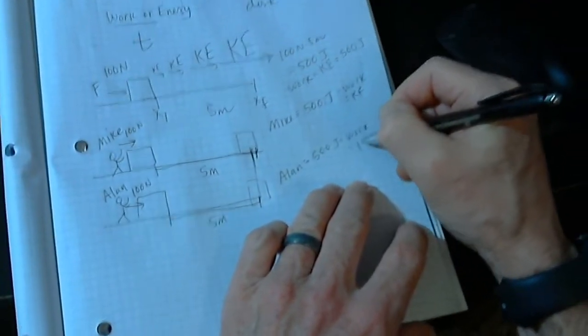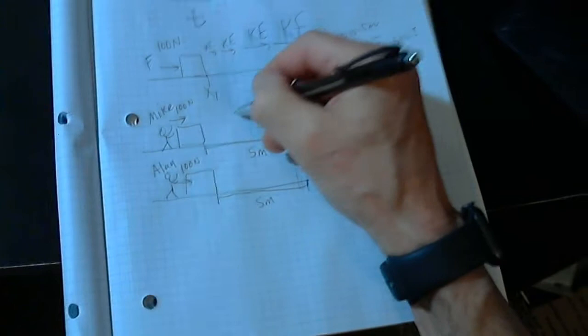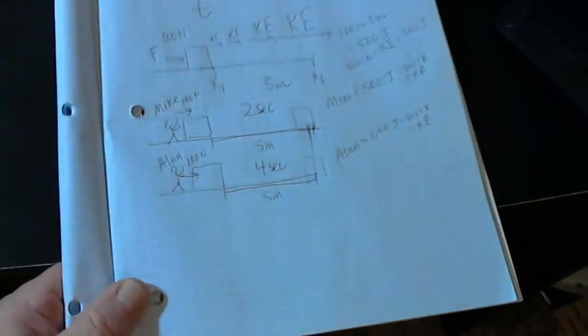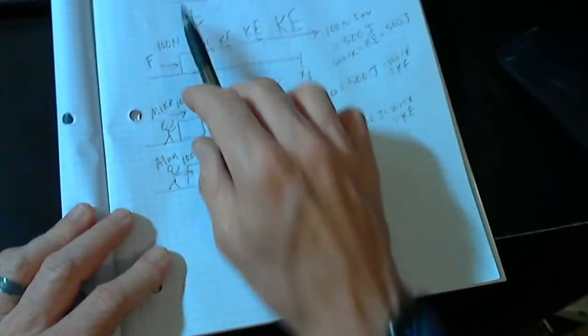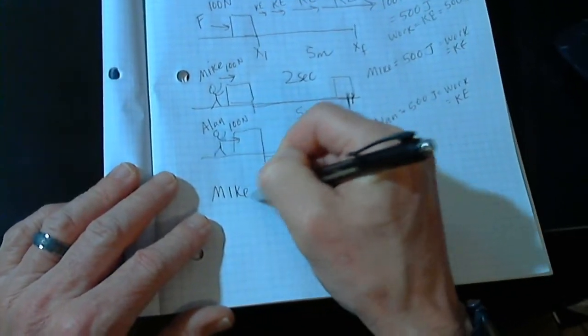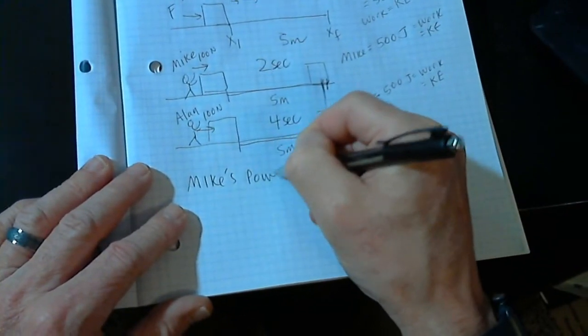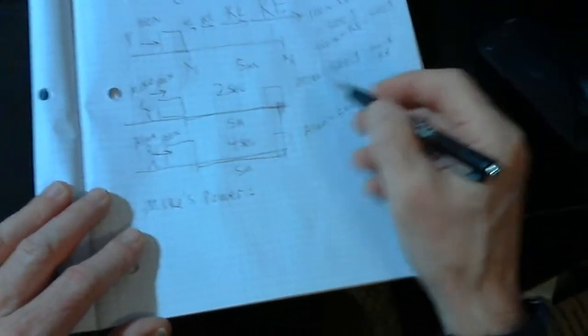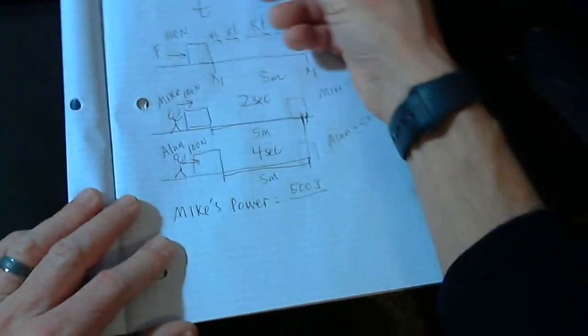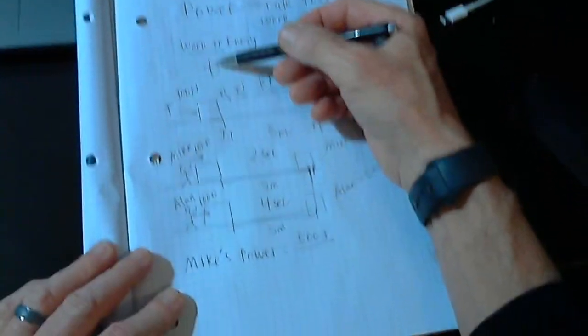Now, however, my brother might take 2 seconds to move the box, and it might take me 4 seconds. So see, the work and the energy is the same, but the power is not. So Mike's power would be the number of joules, the work or energy, over the time.